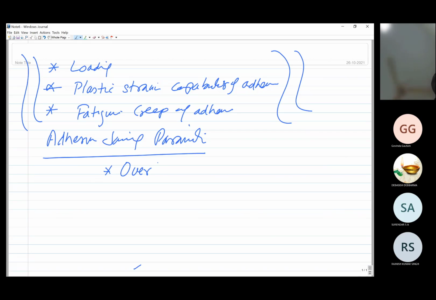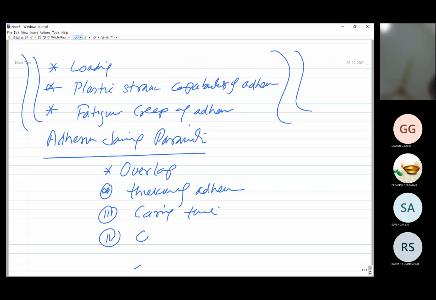This includes, one, the overlap; second, the thickness of the adhesive at the interface; third, the curing time; and the fourth one is the curing temperature. Two are related with the curing and two are related with the other factors: the overlap is the joint design, and the adhesive thickness is about the process conditions.